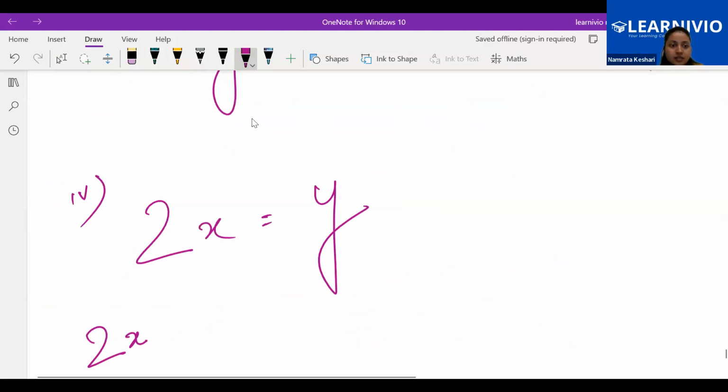Okay. Yes, Sarah, what will be there? Samia, what will be there? Sarah, yes, ma'am. 2x is equal to y we were having. 2x minus y is actually equal to 0.